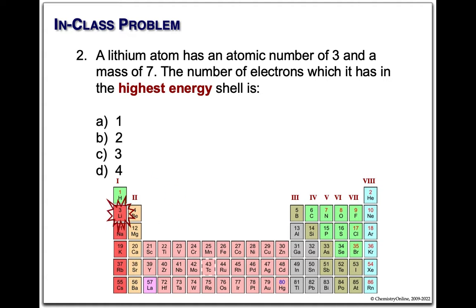It has a total of 1, 2, 3 electrons, doesn't it? But the highest energy electrons are the valence electrons, aren't they? These 2 are the core electrons. It has 1 electron in the highest energy shell.